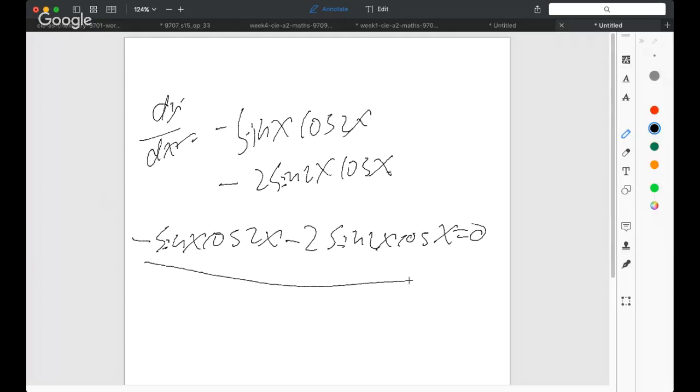Now, how do you solve this equation? Does any of you have any idea? You can write it all in terms of sine. So if you rearrange the cos 2x.